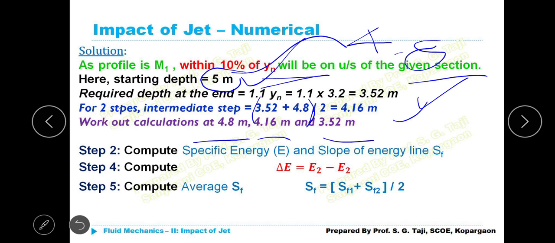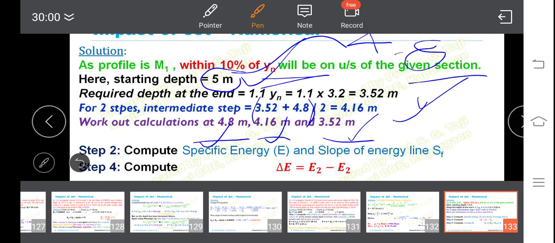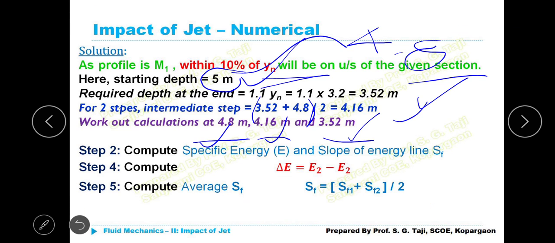So 4.8 meter, then 4.16 and 3.52. These are the 3. 2 steps means 3 depths. 3 steps means 4 depths should be visible in the tabular column. We will see the tabular column.